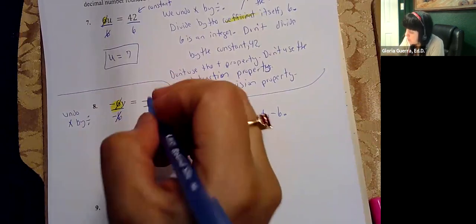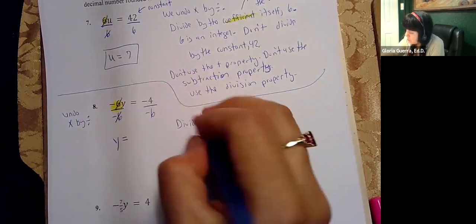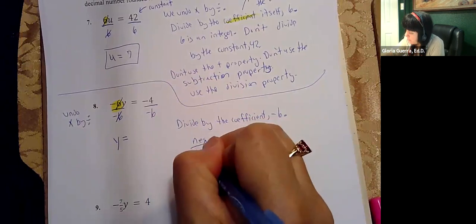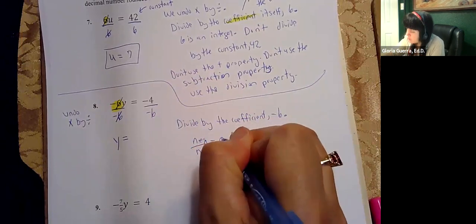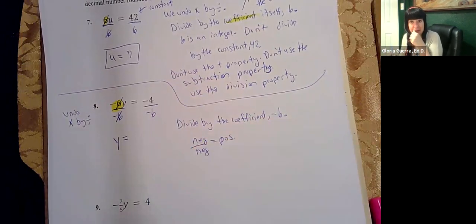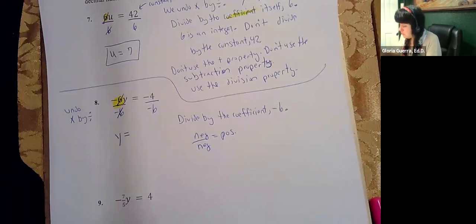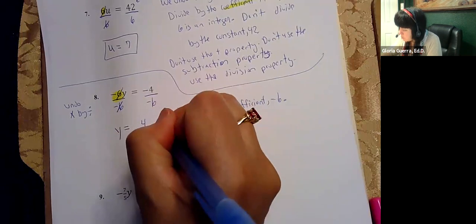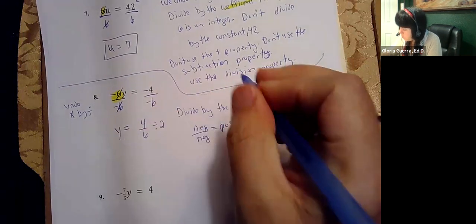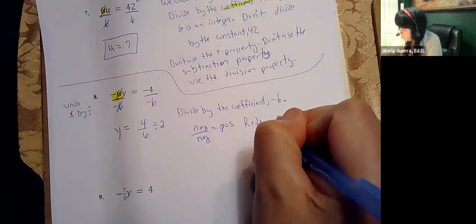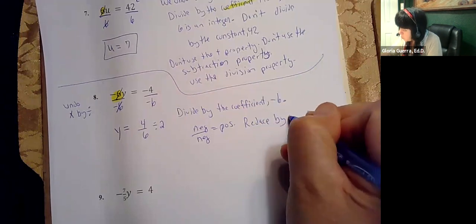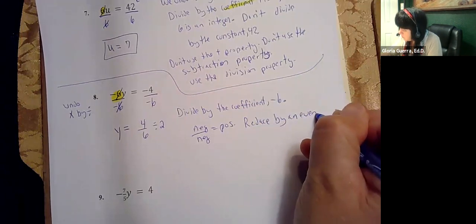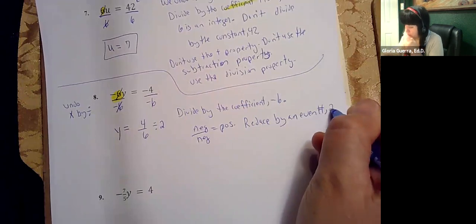Now over here, remember a negative divided by a negative is a positive. So this gives you 4/6, and you're going to reduce by 2. Both are even.